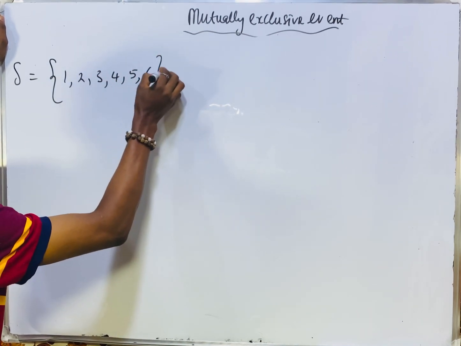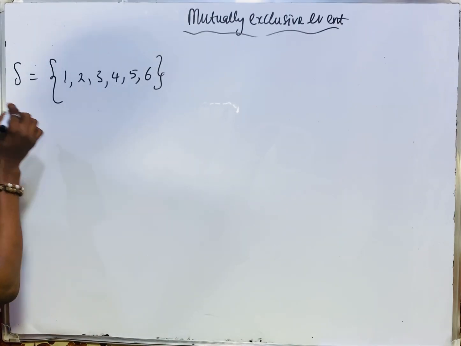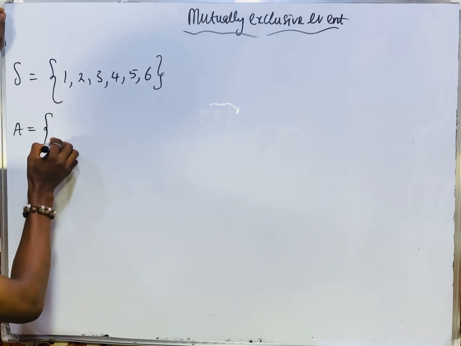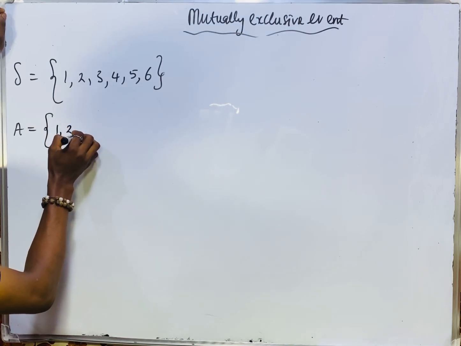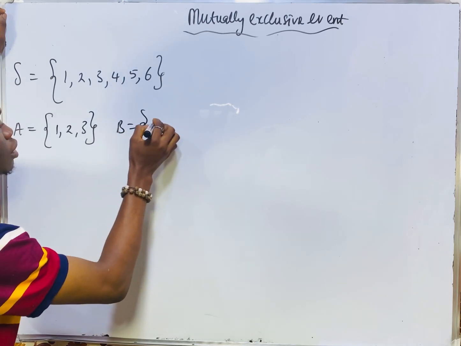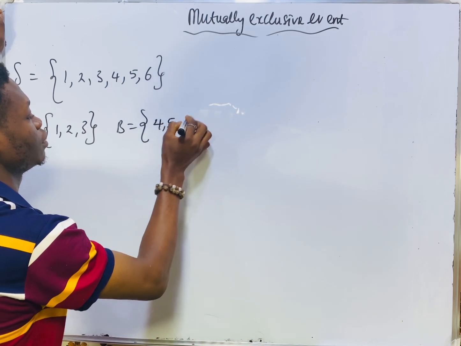1, 2, 3, 4, 5, and 6. So I have my set A to be, let me say, 1, 2, 3, and my set B is 4, 5, 6.